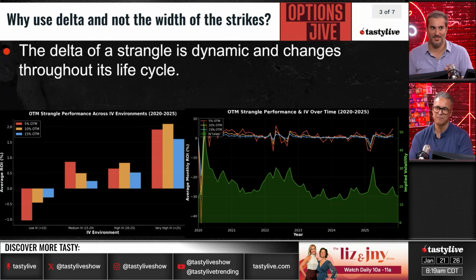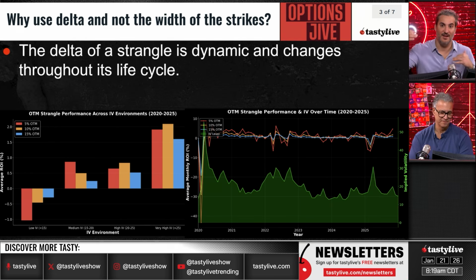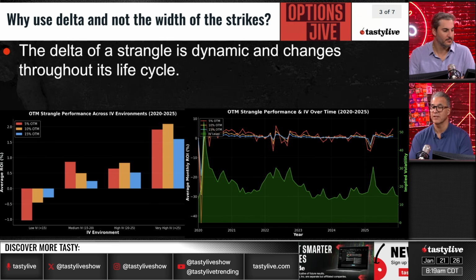We talked about this yesterday: mean reversion of volatility is quicker than price. A lot of times the value that you sell is going to contract a lot quicker than the delta exposure you have in terms of the directional move in the underlying itself. That's the funny thing about a straddle.